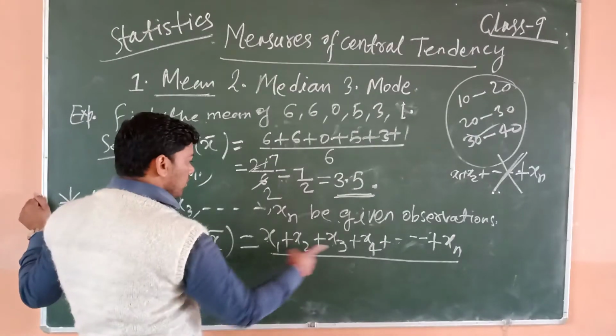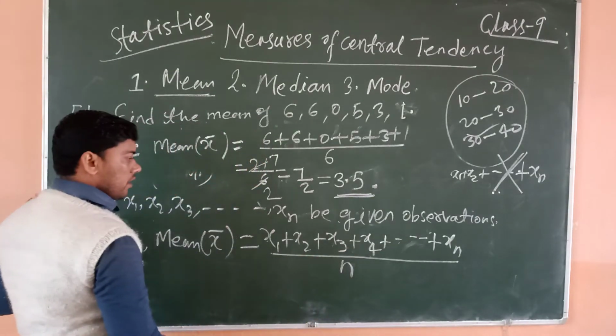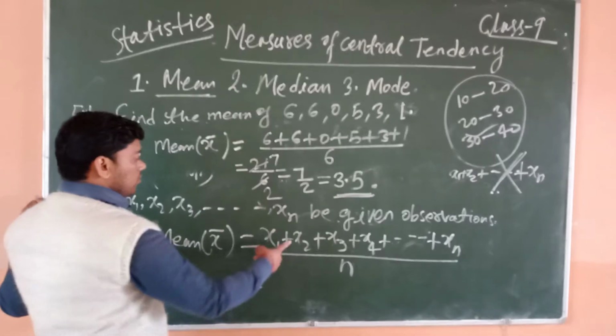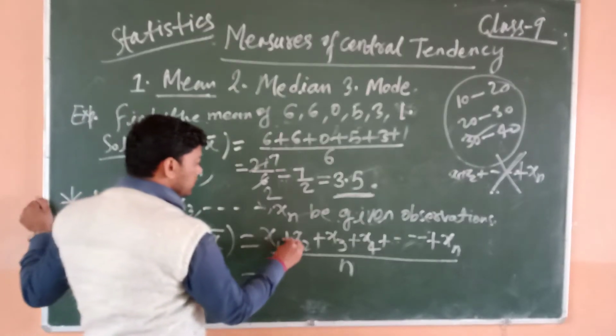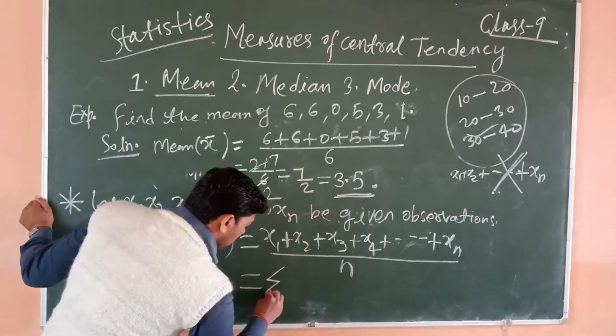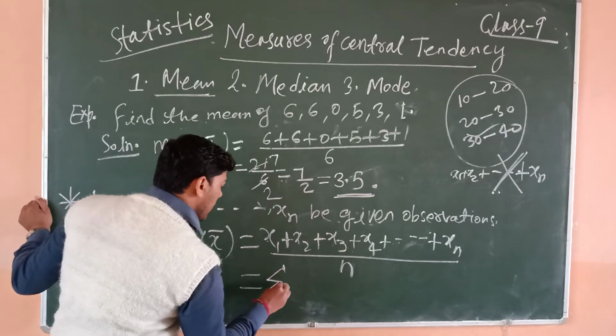Mean is the sum of observations upon the total number of observations n. For sum, we use a Greek letter that is called sigma.